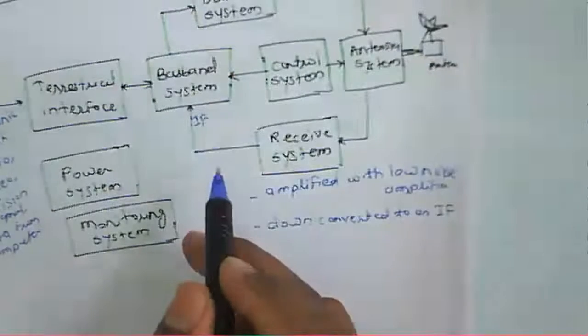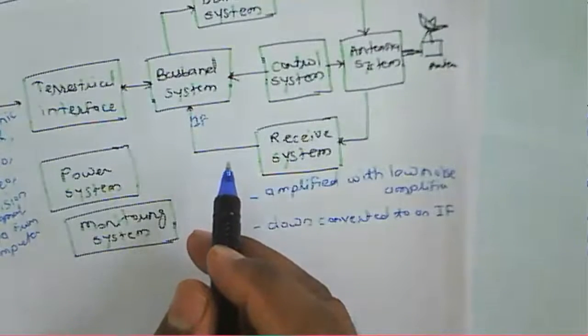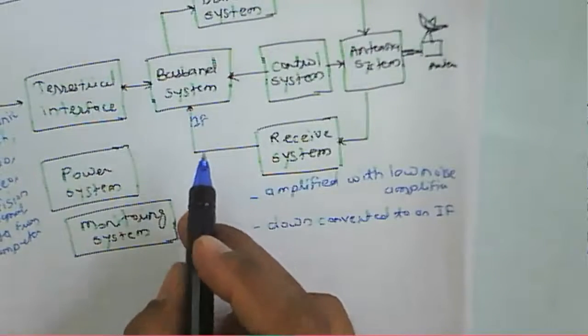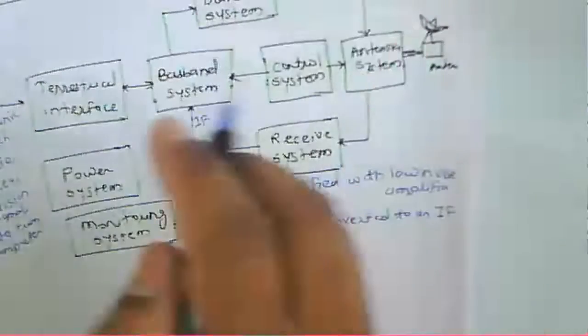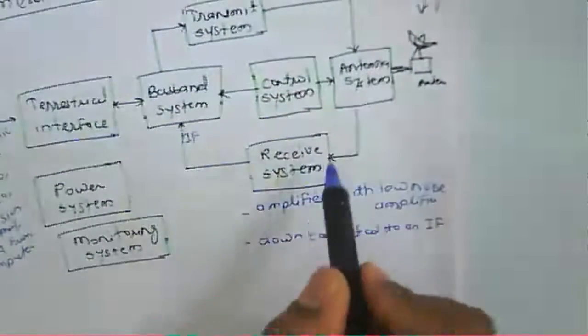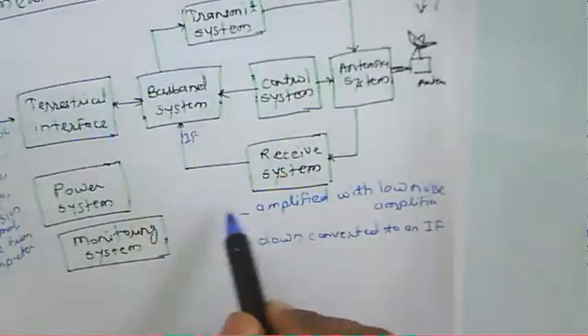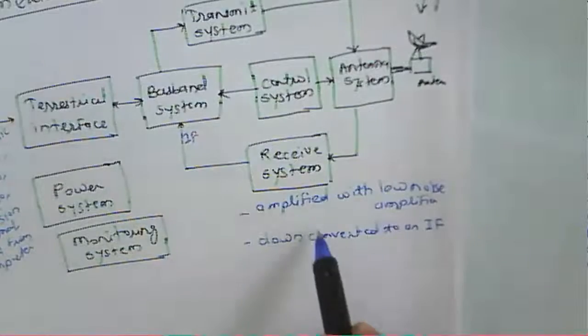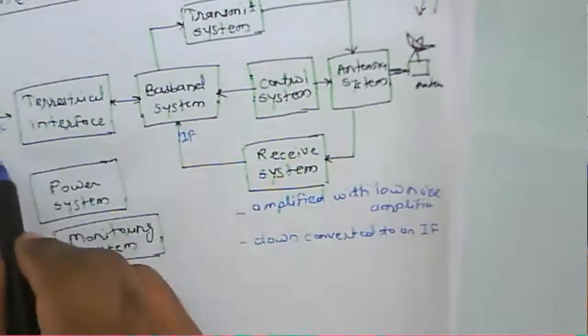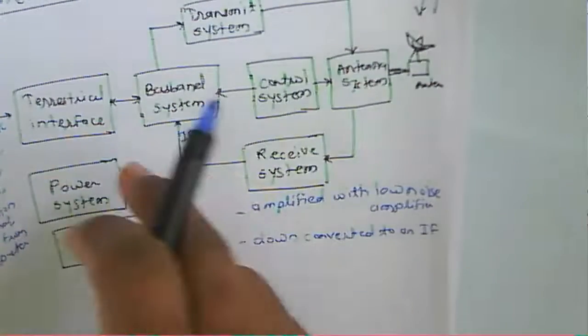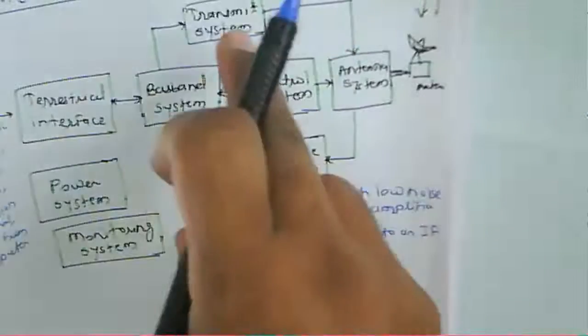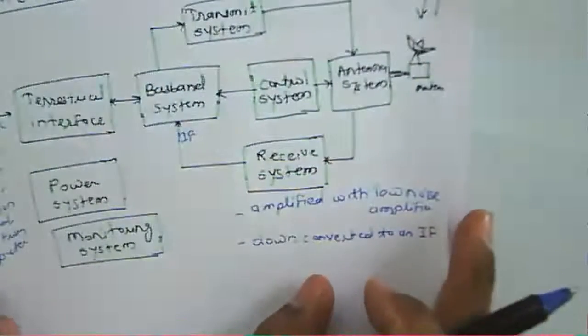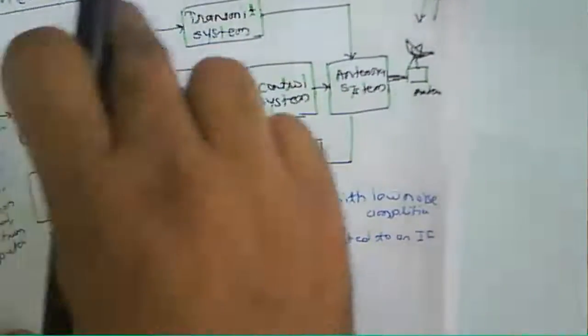So that is about the reception system. For transmission, the signal is up converted and amplified. Similarly, for reception, we amplify the signal with a low noise amplifier, then down convert it, and that will be interfaced to the user there. Now these are the basic earth station components.